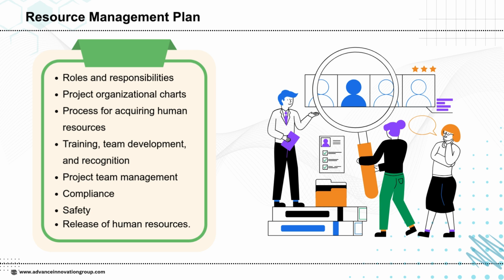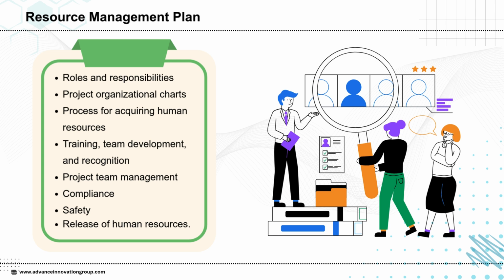It starts with roles and responsibilities, where the specific duties of each team member are clearly defined so everyone knows their contribution. Then we prepare project organizational charts, which show the reporting structure and hierarchy in the team. Next is the process for acquiring human resources, which explains how people will be recruited, assigned, or onboarded into the project.